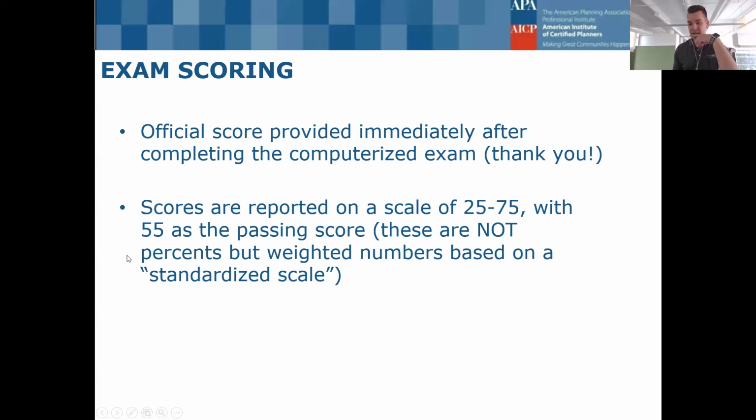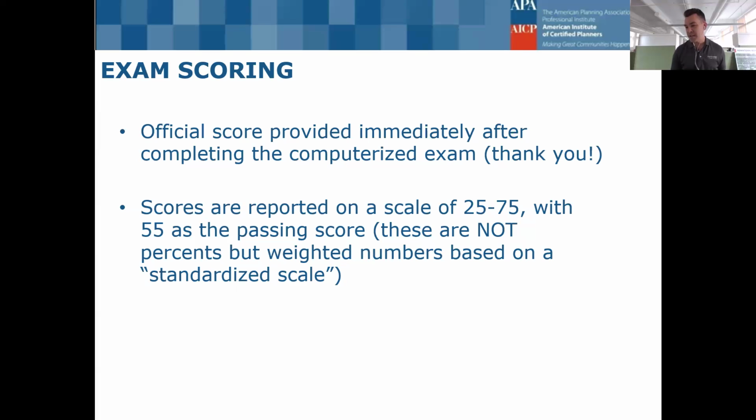All right, so the exam is pass-fail only. You do get a score. 55% is a passing score, but your score can range anywhere from 25 to 75. Generally, most people get a score right around 55, but it is just pass or fail. You do get an official score right after you take the exam, and it tells you whether you passed or failed.